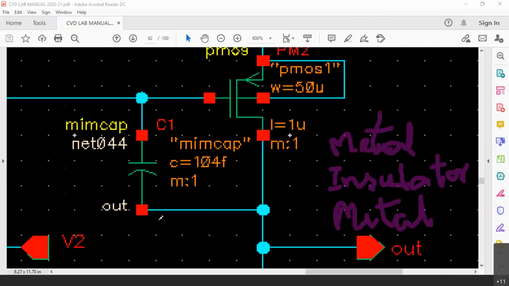Let us say this is M2 and this is M1. Here you will have M1 to poly as a wire, and here you need M2 to P diffusion, P implantation, as a wire. So you'll have to use all those wires when you connect this capacitance.